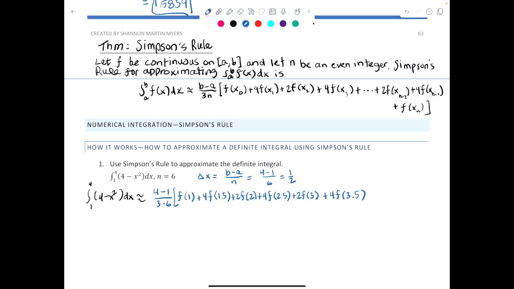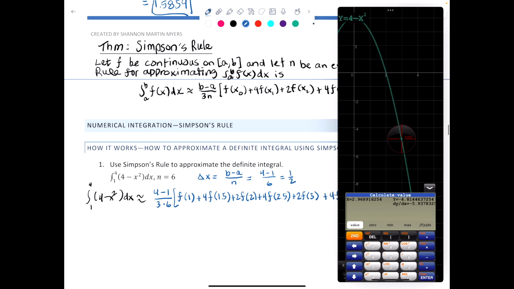This is why you need an even number. And then plus f at 4. Cool so far?